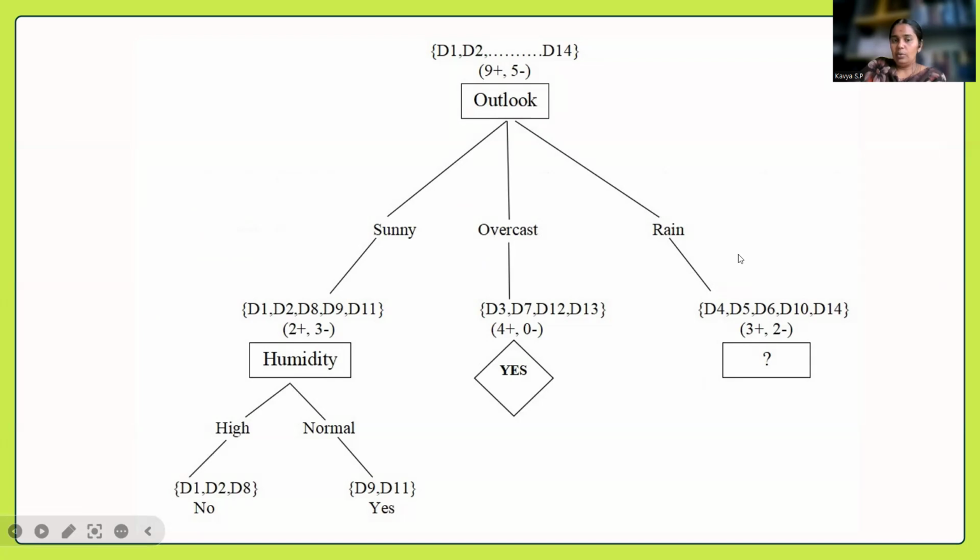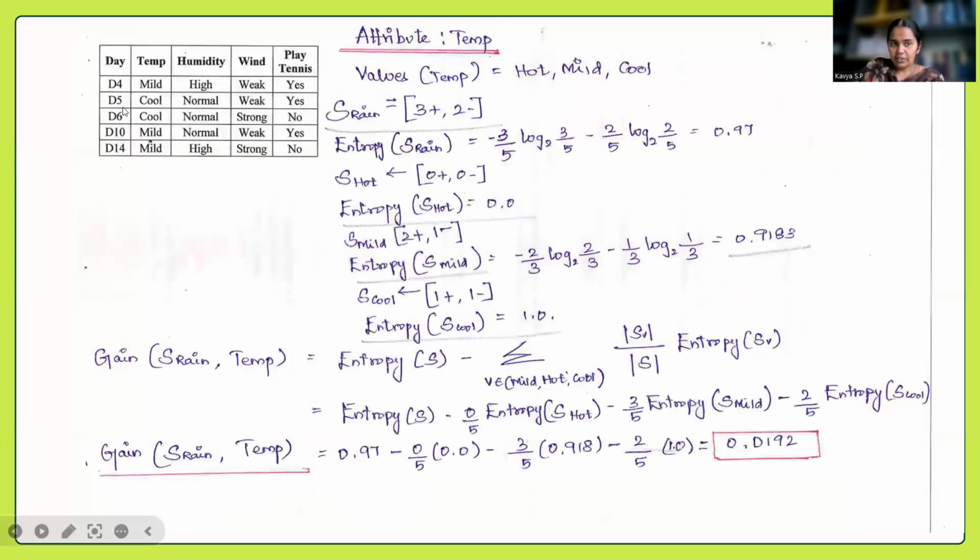Right? Now, there is another attribute value called rain. From here, I'll calculate the information gain only for these 5 days. Taking these 5 days into account and pruning the outlook attribute, this is how my pruned table will look. Calculating it for the attribute temp on a rainy day, the information gain is 0.0192.